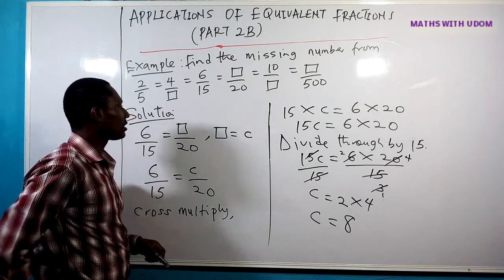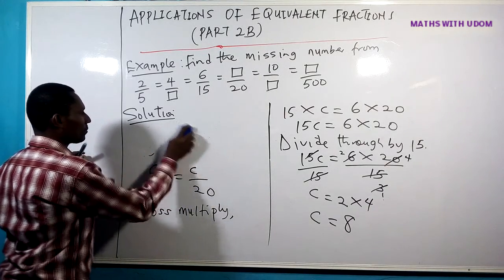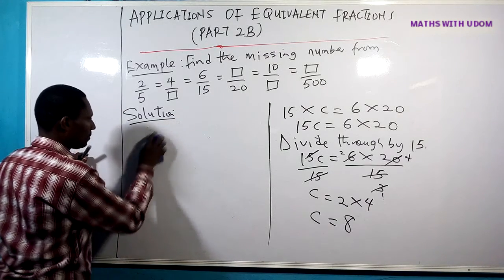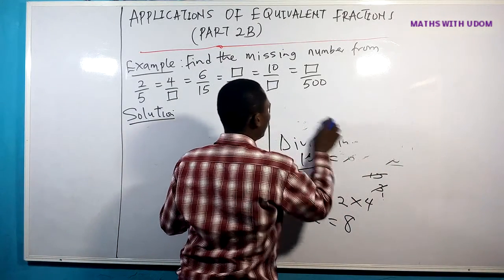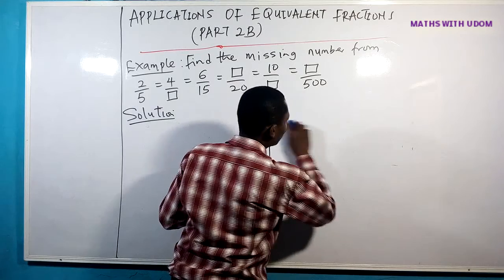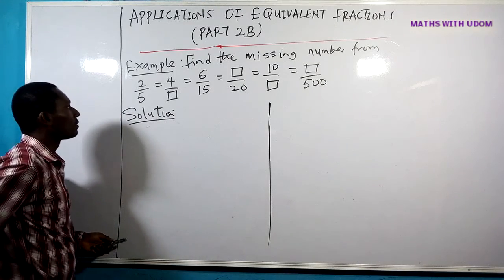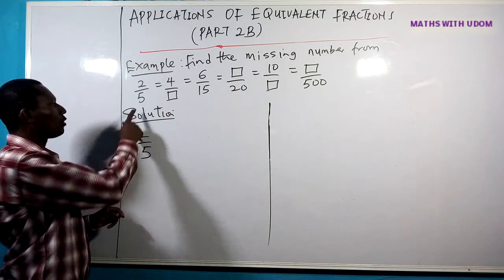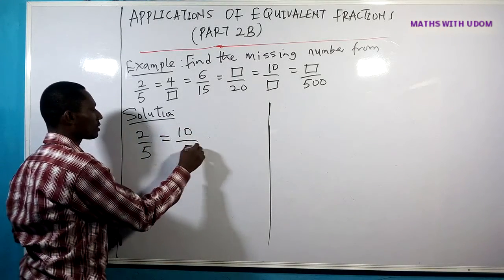Okay? Let's move to the next one. So we have 2 over 5 as a complete fraction. 2 over 5 equals the next one, 10 over box.